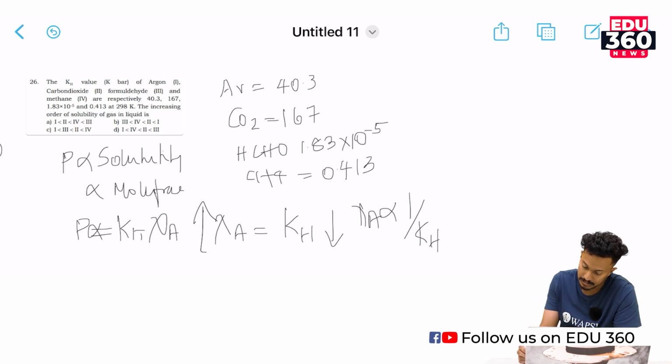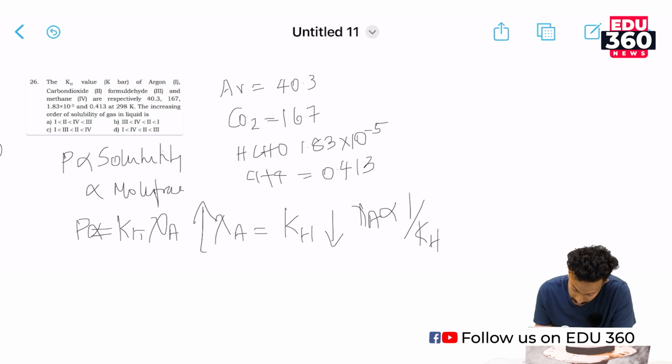Question number 26. The more the KH, the less the solubility. So solubility will be lowest in carbon dioxide.